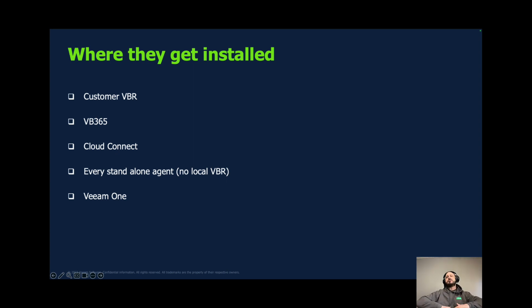Maybe the customer has, let's say, 10 physical devices in one environment that need to be protected. The management agent gets on the first one, and then we can use that to find the other 9 machines through Active Directory or network IP and put one of those management agents on each and every machine. Okay, and Veeam ONE, that's going to be on that server as well.